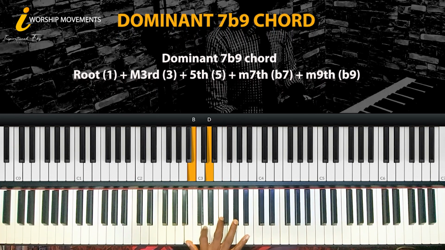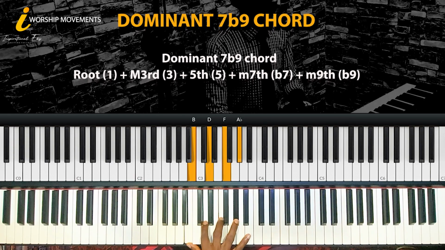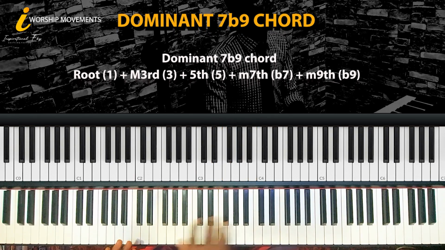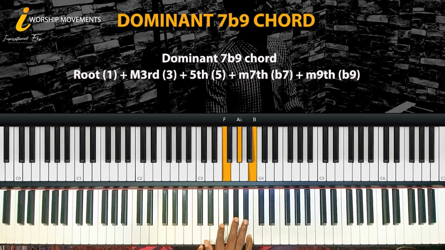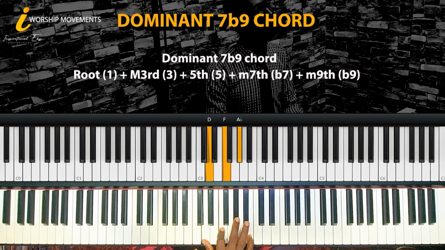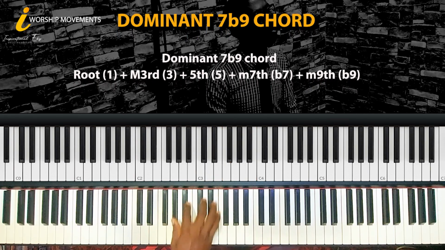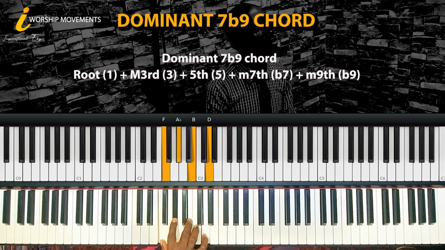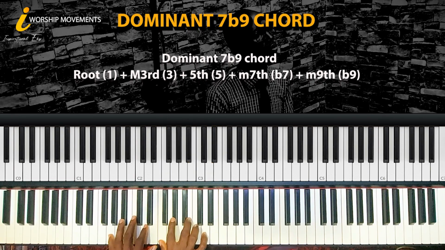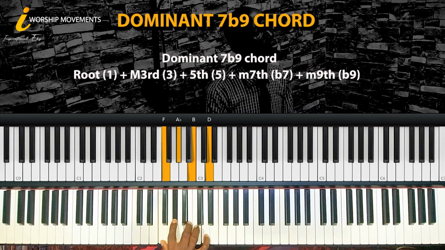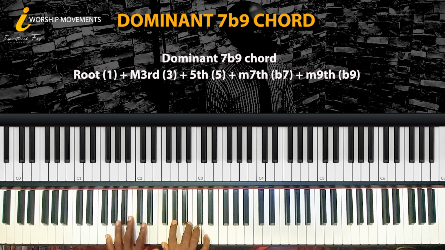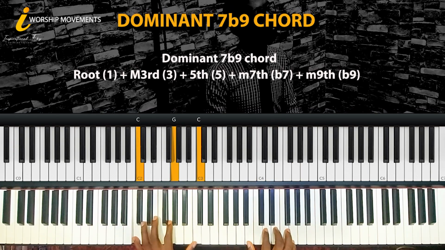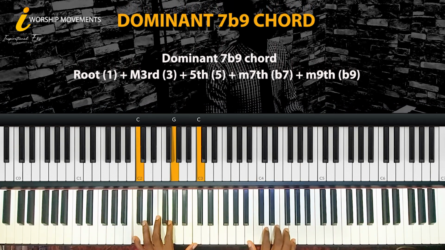So I'm using the thumb, the index, the middle, and the ring fingers, and then to the third inversion I go back to this form of fingering, the thumb, the index, the middle, and the pinky, right? So you can do that whenever you play that dominant 7 flat 9.